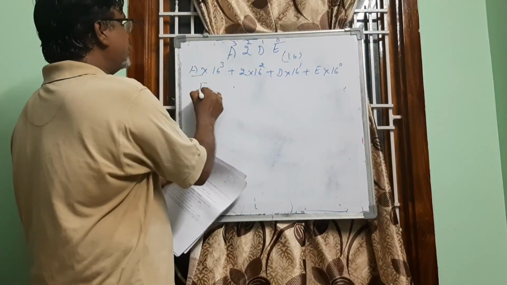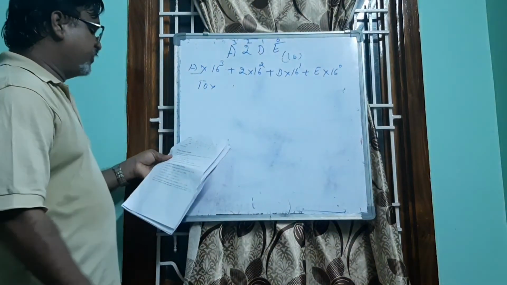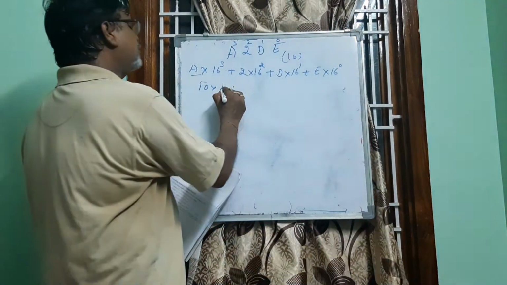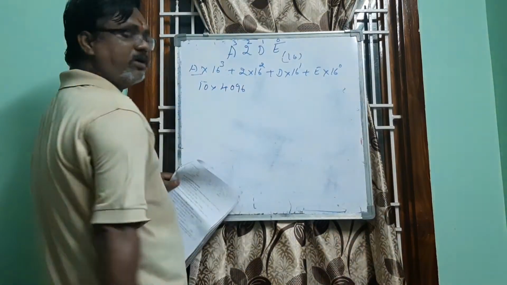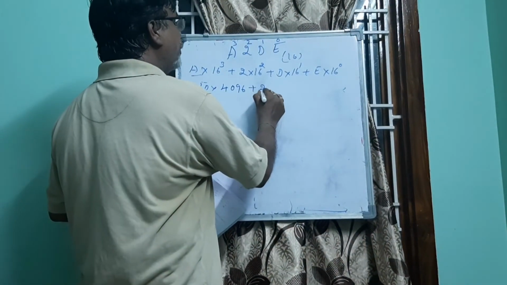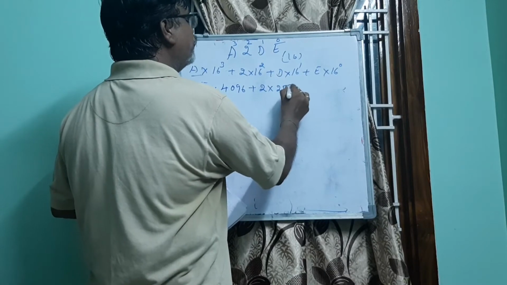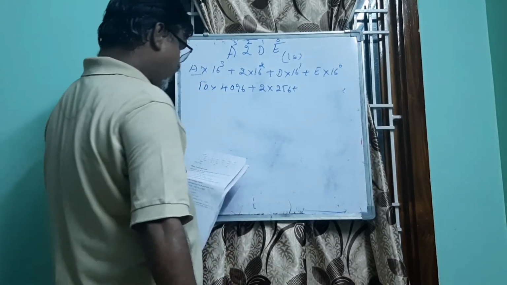And A means 10 into 16 power 3. 16 power 3 is 4096. So 10 into 4096 is 40960, plus 2 into 16 square, which is 256, is 512, plus D. What is the D value?